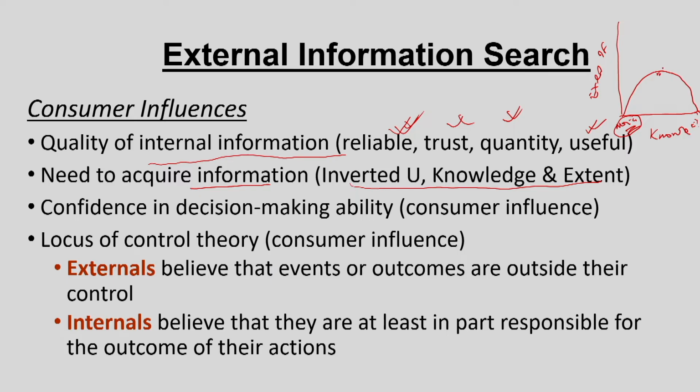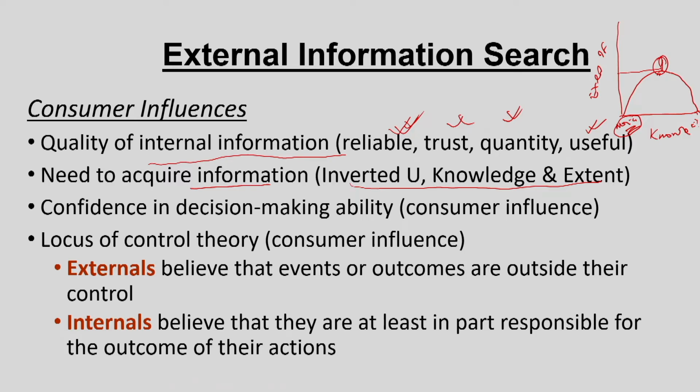But here is where my typical consumer is, because the typical consumer has limited knowledge and a decent amount of information search. So there is an inverted U. The need to acquire information depends on where you are, whether you are a novice or an expert. If you are a typical consumer, the need for search is very high.